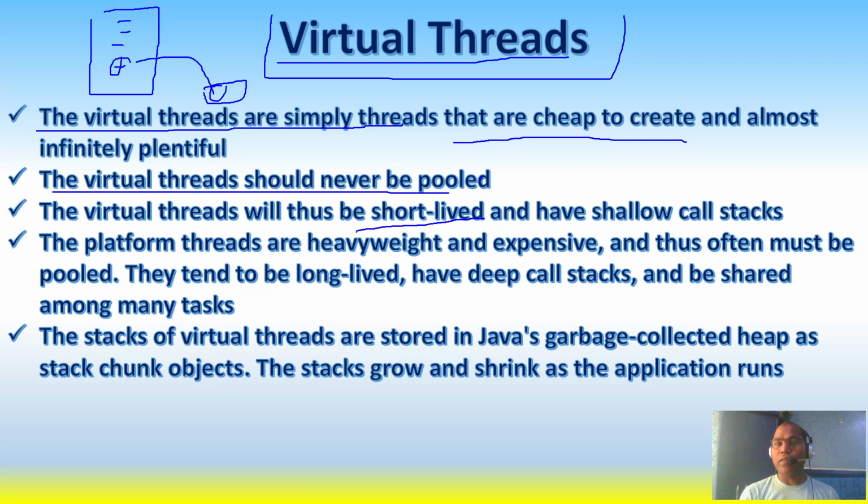But after this, due to the virtual thread concept, there is no need to pool your threads, because now you are creating a JDK thread, not an OS thread, and you can create any number of JDK threads, because these threads are not directly bound to, or requesting, operating system threads.